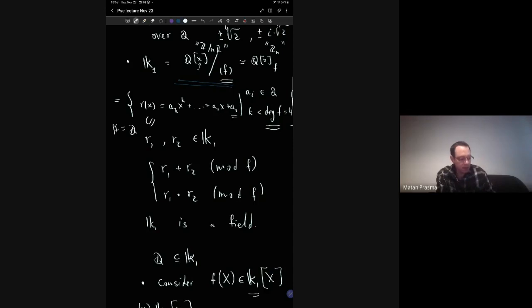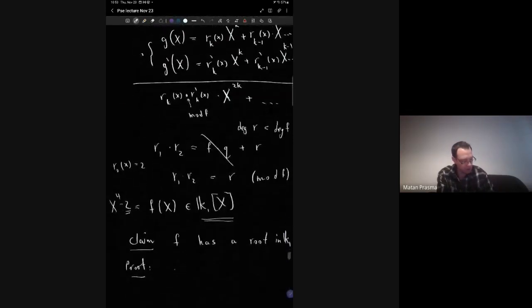In particular, in K1, I have the remainder polynomial x, small x, let's call it R1. R1 of x being the polynomial x. And this is a legitimate element in K1 because the degree of R1 is 1, which is strictly smaller than the degree of F.